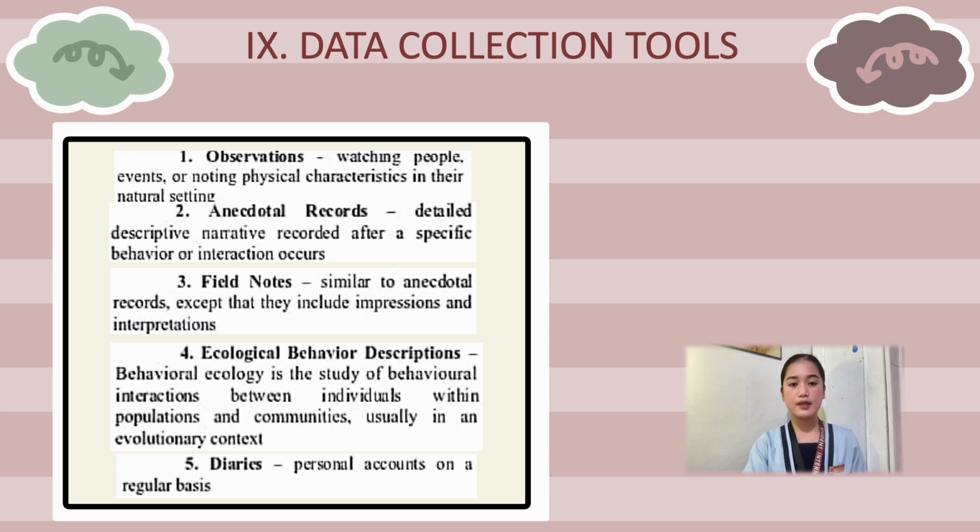So number five is the diaries, personal accounts on a regular basis. Diaries are personal accounts of experiences, thoughts, and feelings written on a regular basis. They provide a detailed and intimate look into an individual's life over time.